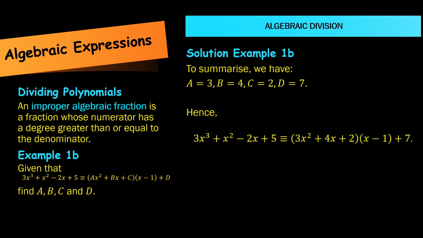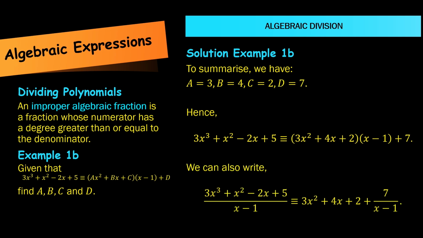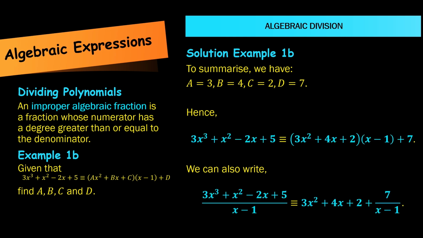Therefore, plugging these all in gives us 3x squared plus 4x plus 2 times x minus 1 plus 7. We can re-express this as shown. Here we've simply divided by x minus 1.